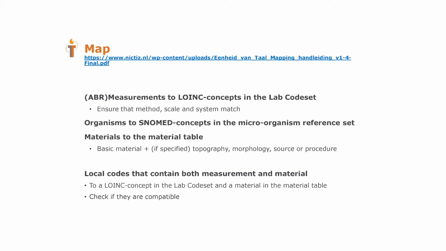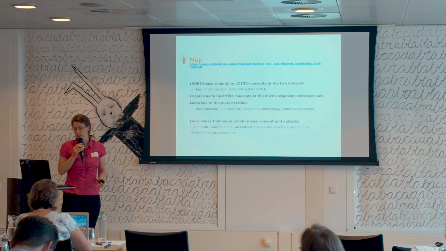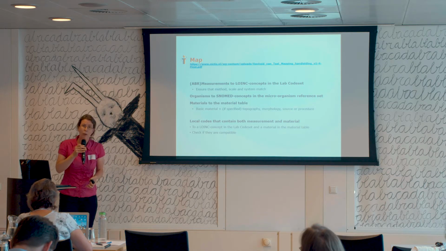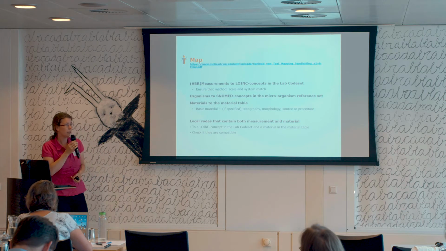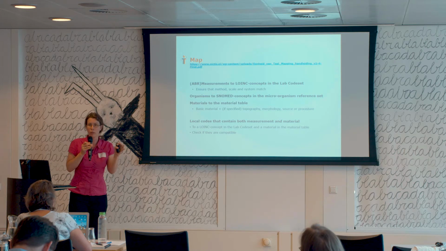So, if you have a data set and you want to map it to laboratory terminology standards, you take your test, which presumably in this instance will be an antimicrobial resistance test, and you map them to LOINC concepts in a lab code set. If you do that, just make sure that you pay attention to all the axes of a LOINC concept.